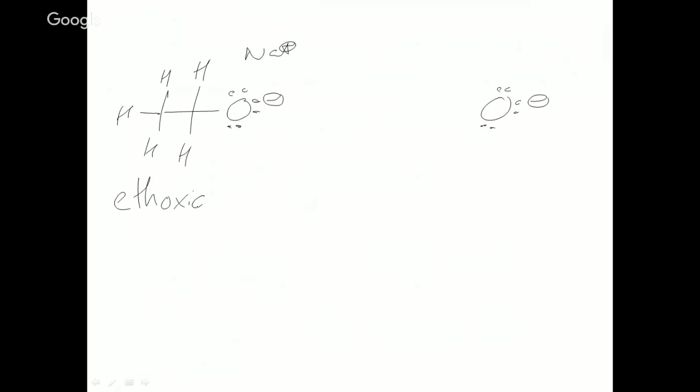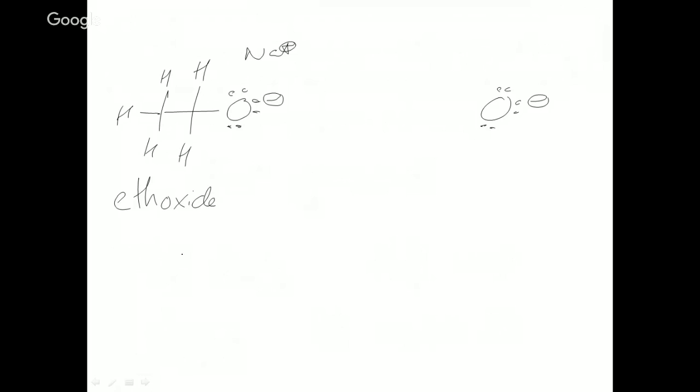We can have two O minuses. I'm going to fill these in with different things. Let's put this one here. We'll give it a name that you don't need to know yet, but we'll show you this. Those are carbons. Let's say there's a sodium with it. I don't care right now. Sodium ethoxide.